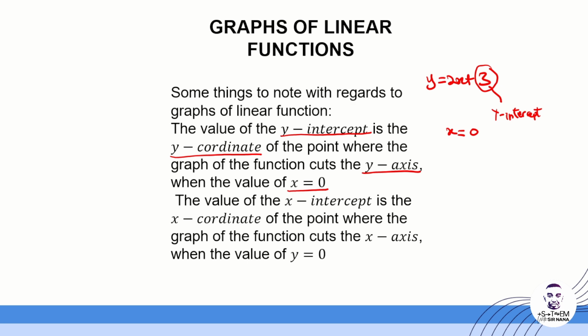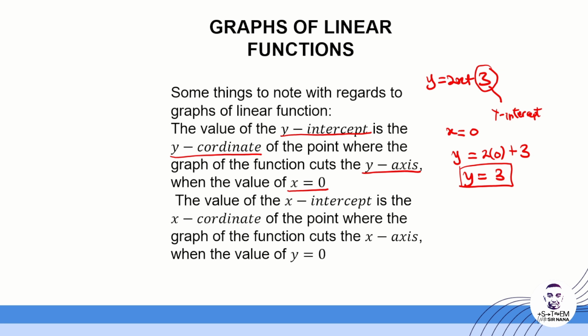So when we substitute x equal to 0 in the function, we have y equal to 2 multiplied by 0 plus 3, and that implies y becomes equal to 3. So this represents our y-intercept. When you see y-intercept, that is what it means, the point where x is equal to 0.